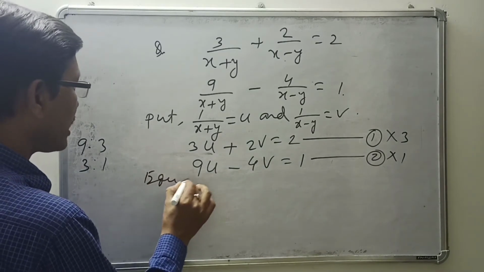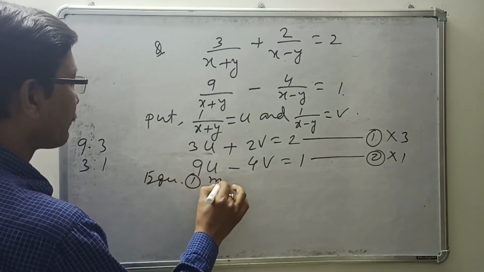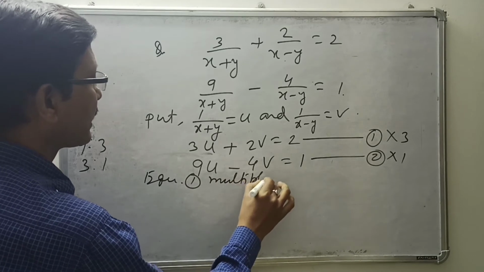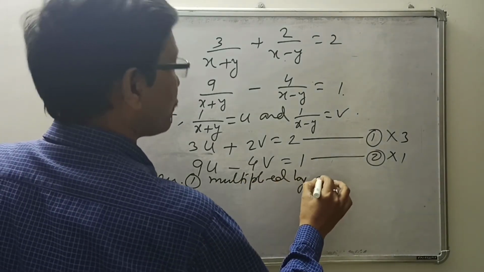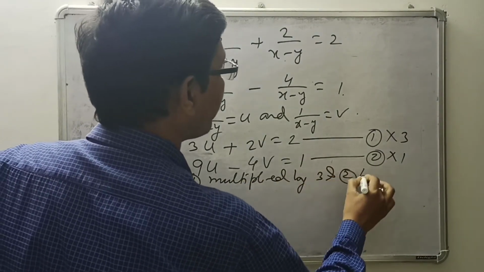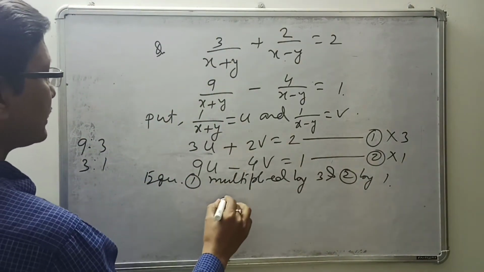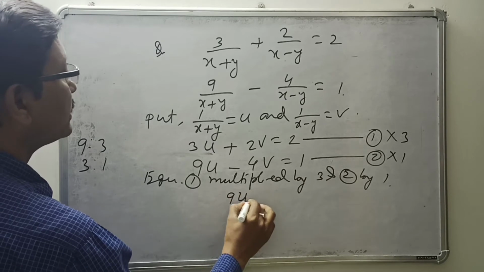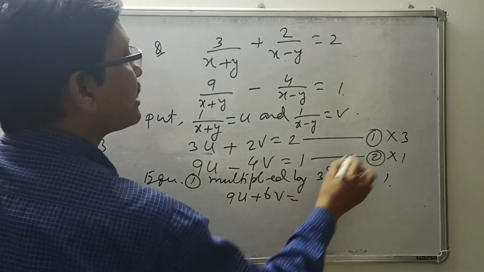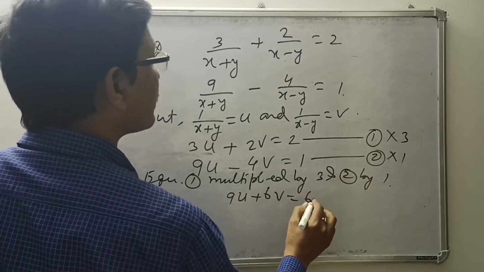Equation 1 multiplied by 3 gives 9u plus 6v equal to 6.